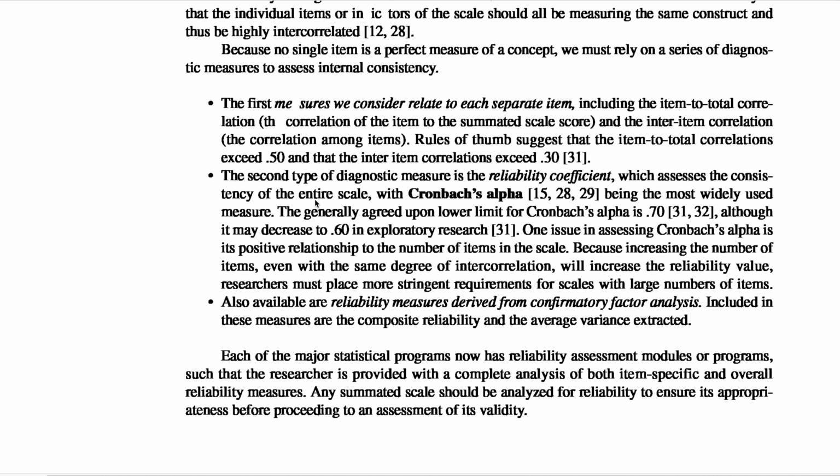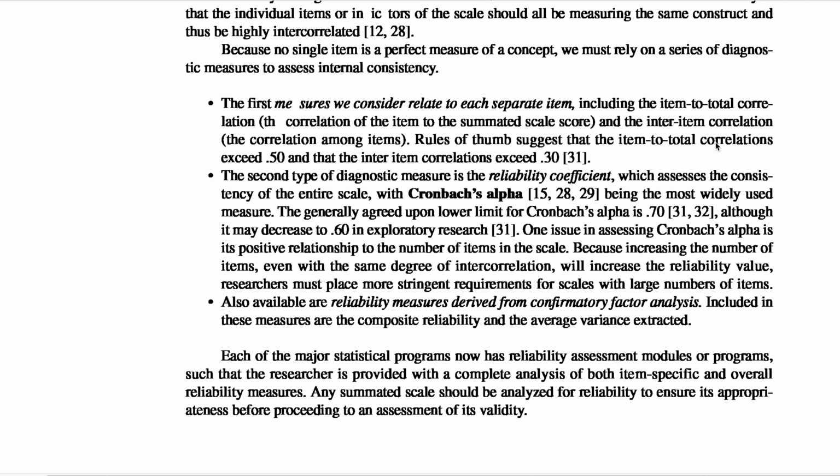The second type of diagnostic measurement is the reliability coefficient, which assesses the consistency of the entire scale. The Cronbach's alpha, described on page 15, 28, and 29, is the most widely used measurement. The generally agreed upon lower limit for Cronbach's alpha is .70, although it may decrease to .60 in exploratory research.